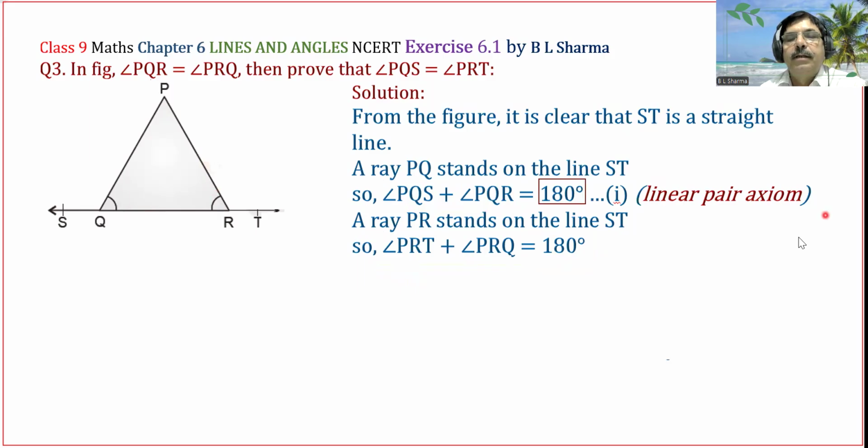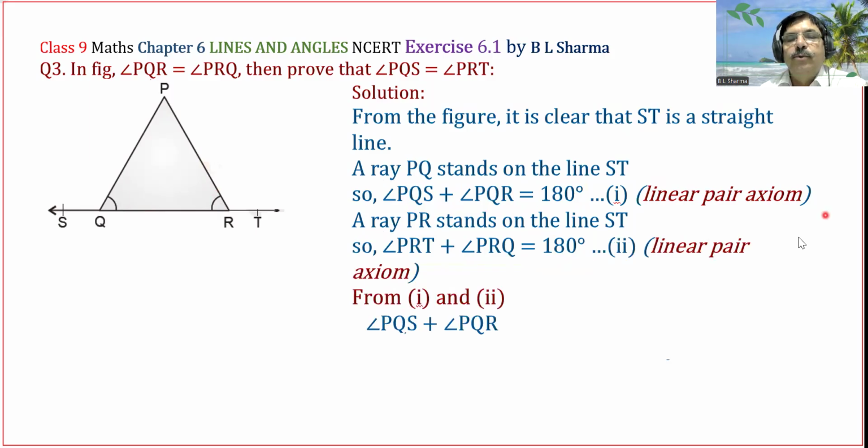सो from 1 and 2, angle PQS plus angle PQR is equal to angle PRT plus angle PRQ. This plus this. Now further, in place of angle PQR, you can write angle PRQ.